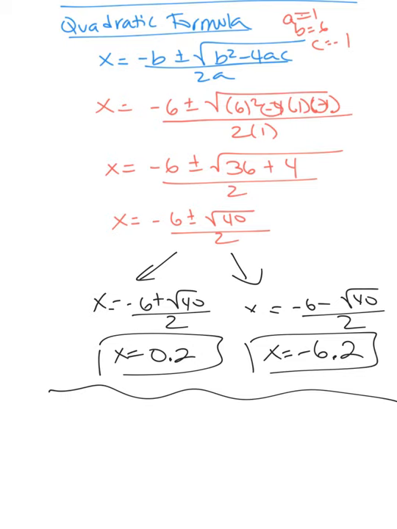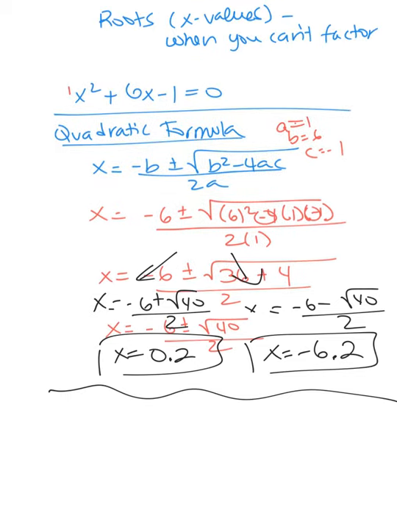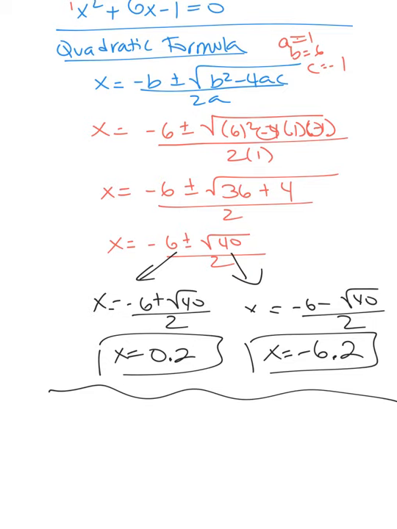Here we go. X squared plus 6x minus 1 equal to 0, now by completing the square.